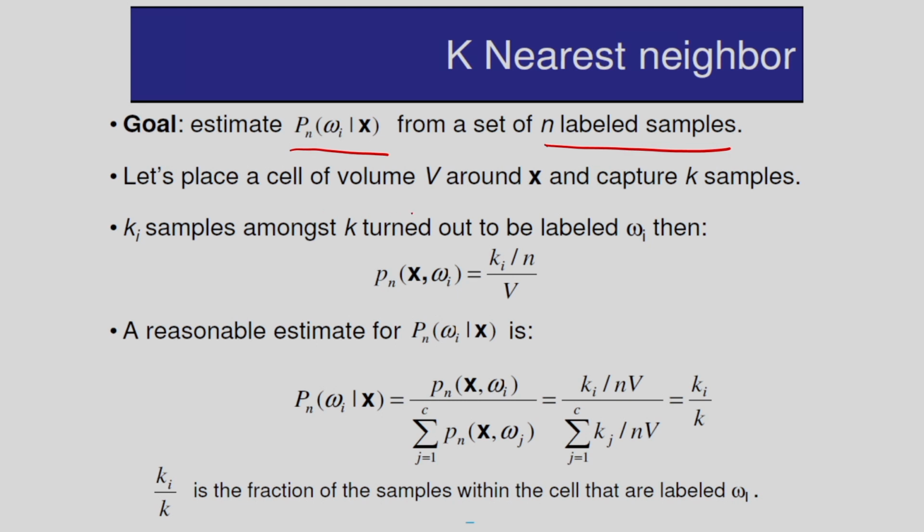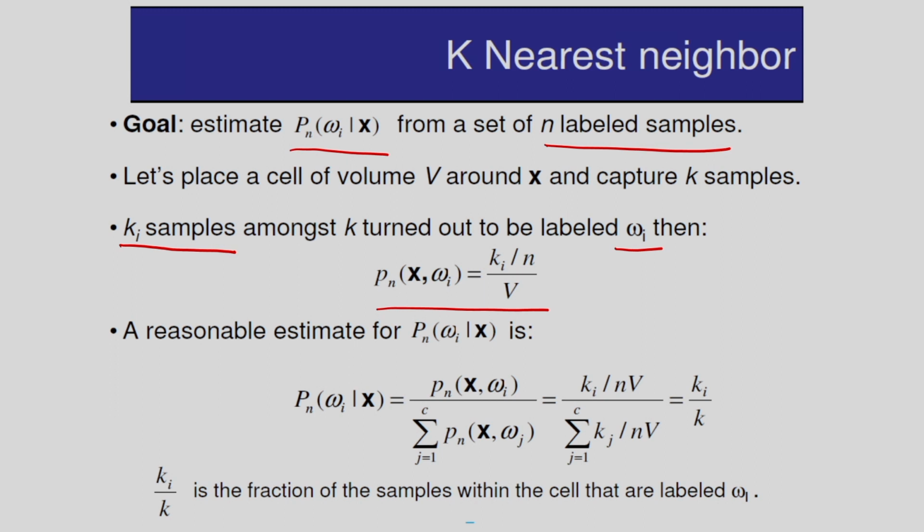Let us place a cell volume V around x and capture k samples, and ki samples amongst k turn out to be labeled wi. So, I am considering ki number of samples corresponding to the class wi. The total number of samples is n, and ki is the number of samples corresponding to the class wi. From this you can determine the density.